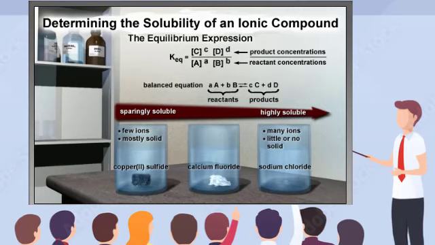Each compound or ion in the expression is raised to its coefficient in the balanced equation. Pure solids and liquids are expressed as a constant equal to 1 in the equilibrium expression because their concentrations essentially do not change during a reaction. Since any number divided by 1 remains the same, a 1 representing the concentration of a solid or liquid may be dropped from the equilibrium expression.